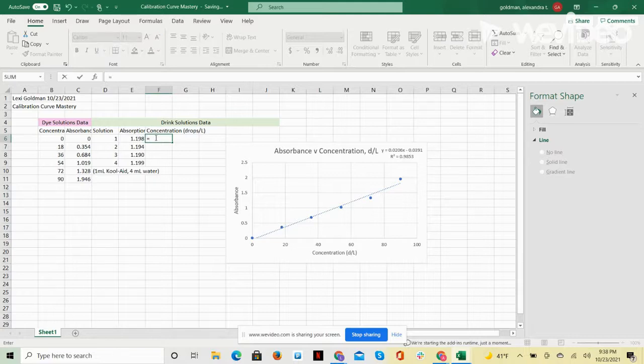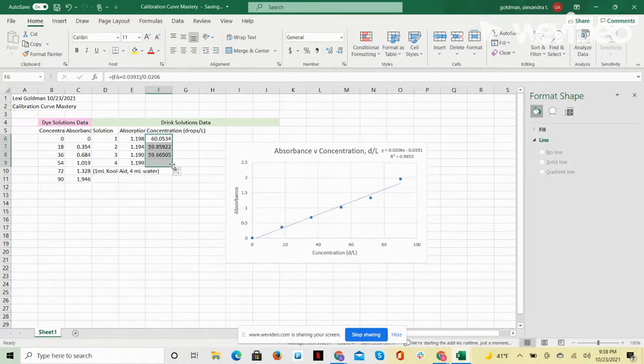I will do equals, parentheses, highlight the absorbance value, which is the y value. Then I will do plus 0.0391, close the parentheses, and divide by 0.0206. This gives me the concentration. I can drag this down all of the boxes to find the concentration of every absorbance value for every solution.